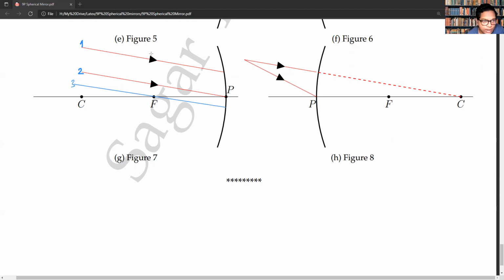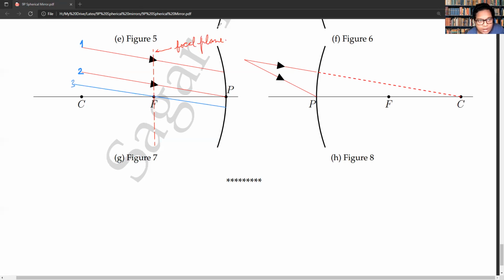I'm going to draw a line like this. This is a dotted one. This line is called the focal plane.